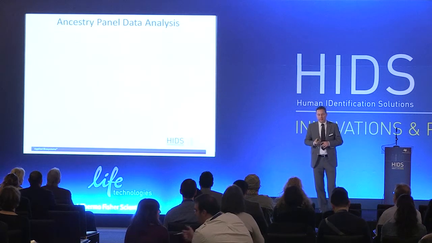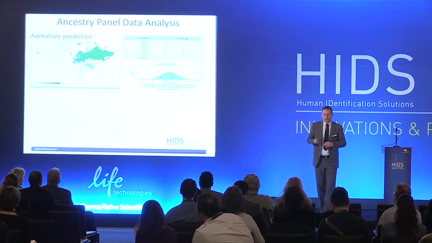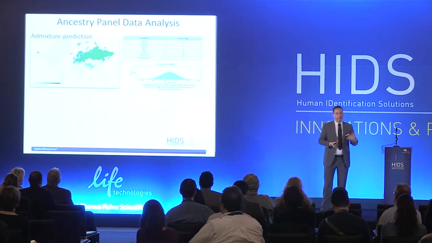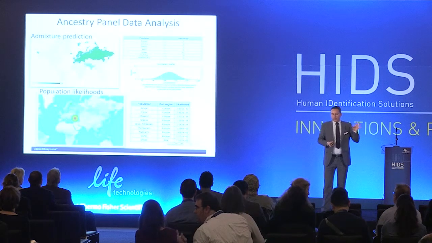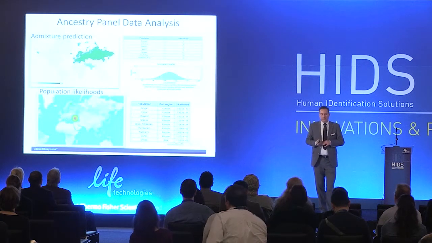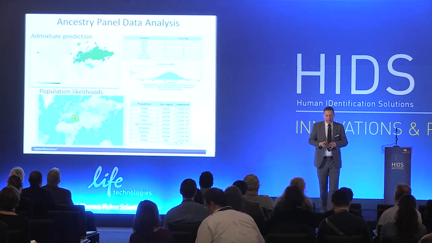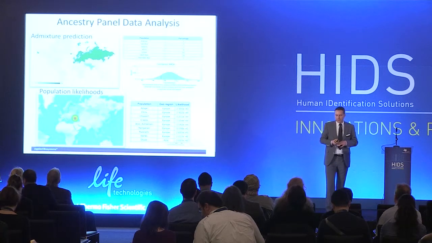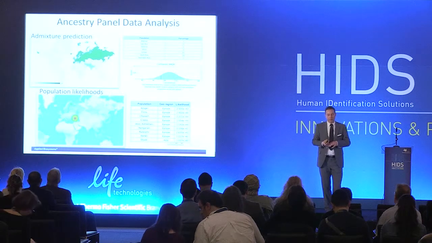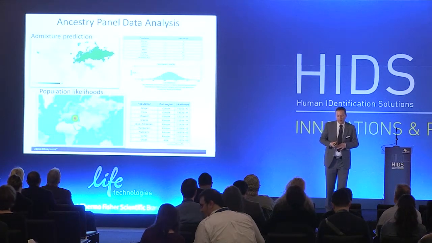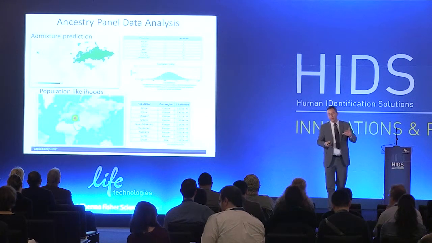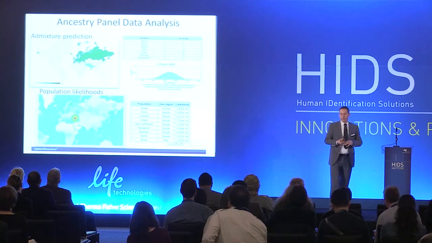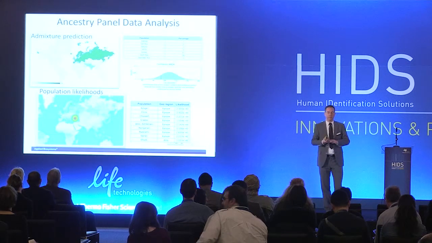Ancestry panel information: basically, what you see in the lower half in this map, on the world map, is a sort of heat map overlay. This is basically a graphical representation of the likelihood that your sample might originate from this population. Currently, we have to be very careful.